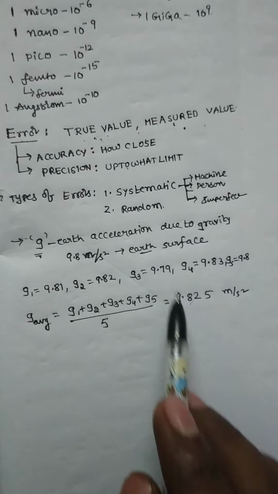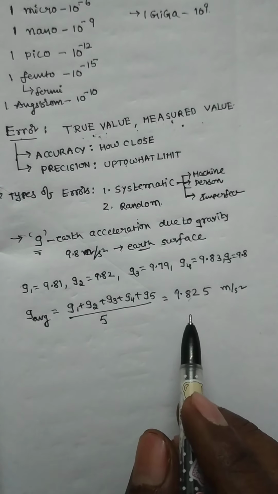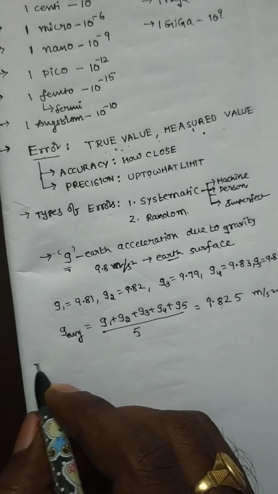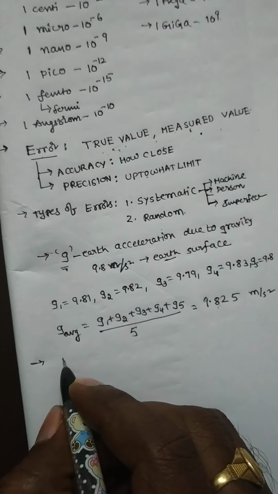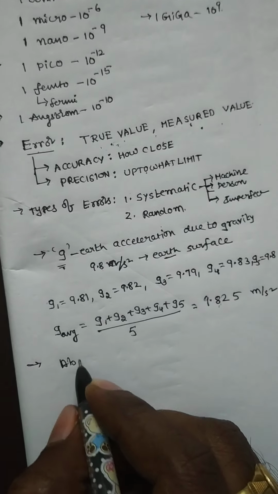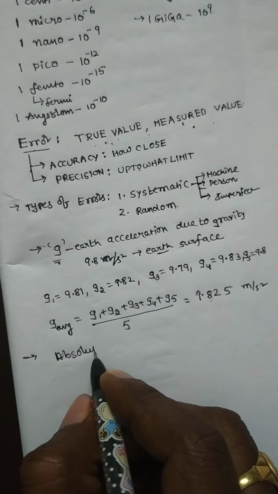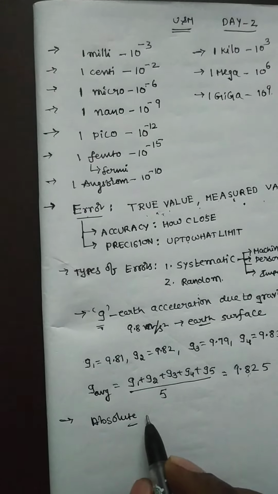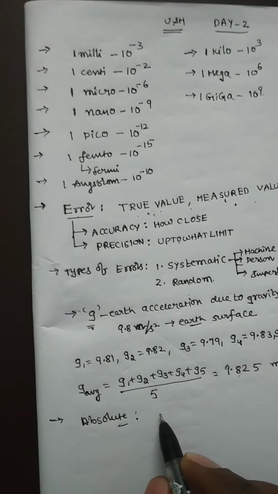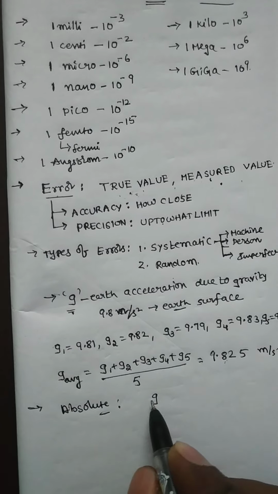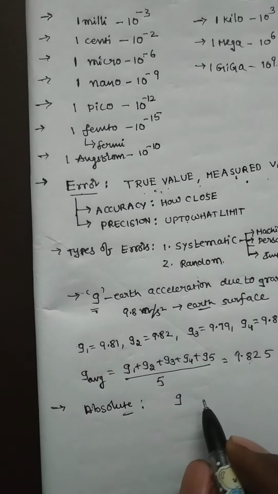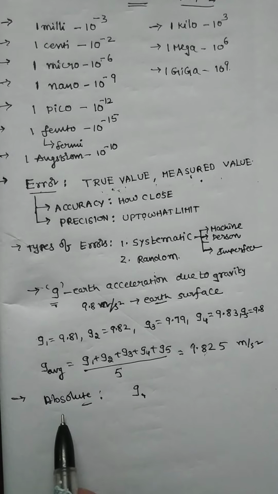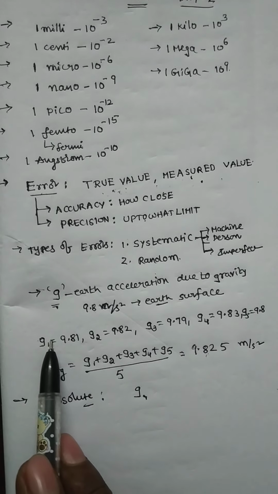Next, what is the absolute error? The absolute error means the value of mean or average. For example, I want to find out the absolute error in G1.